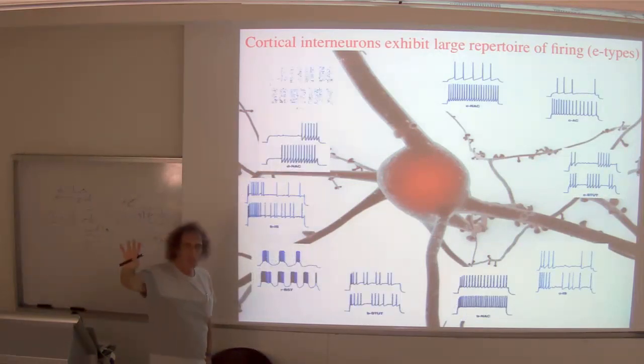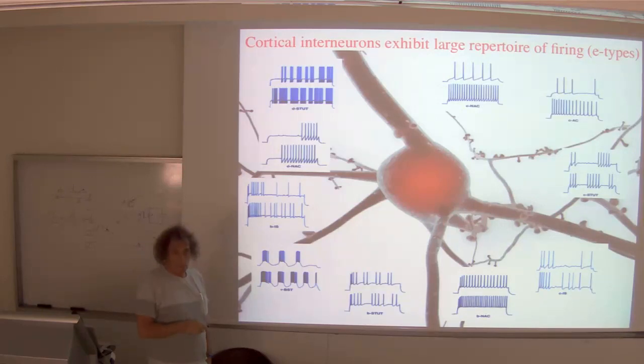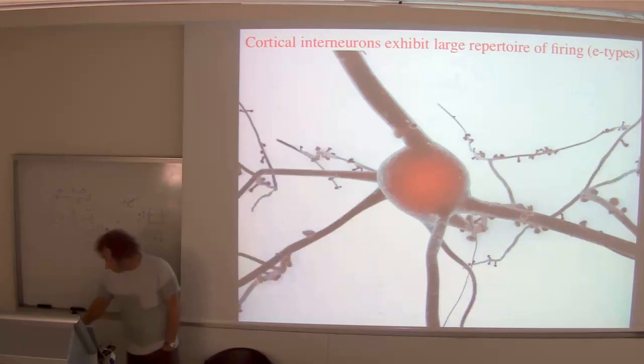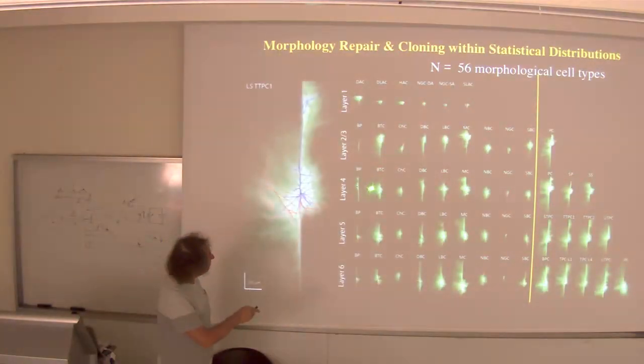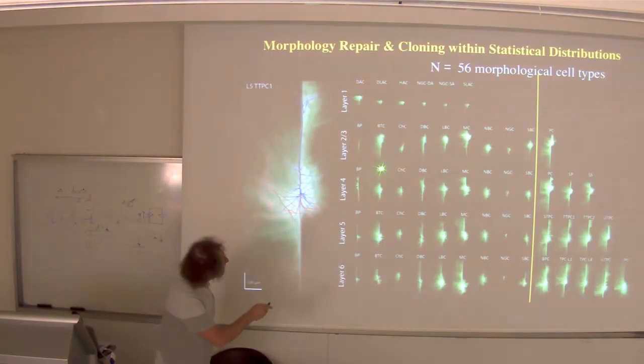Maybe it's energy reasons. Different neurons, or maybe even the same neuron in different locations? No, I didn't superimpose them. These are different neurons. For example, you take this neuron, a layer 4 basket tuft inhibitory cell.